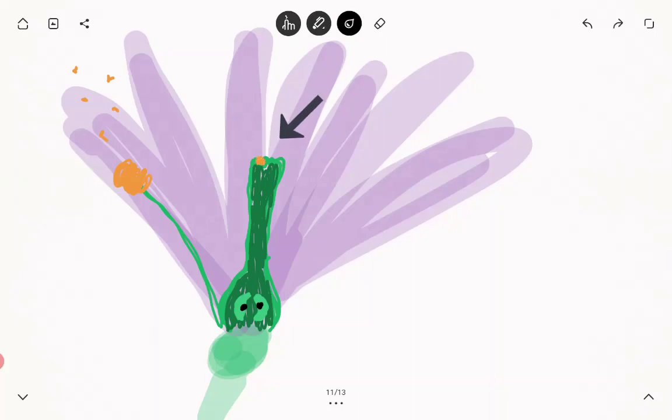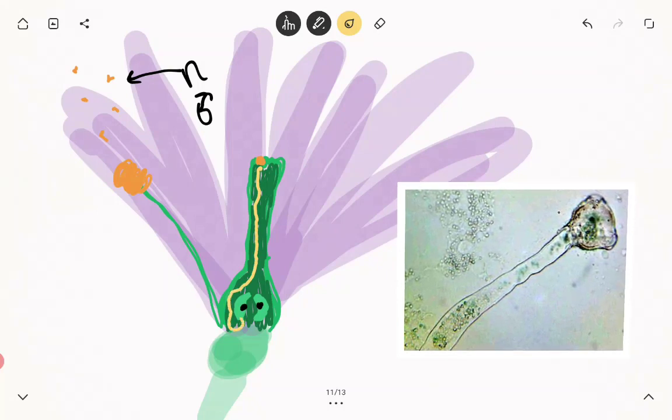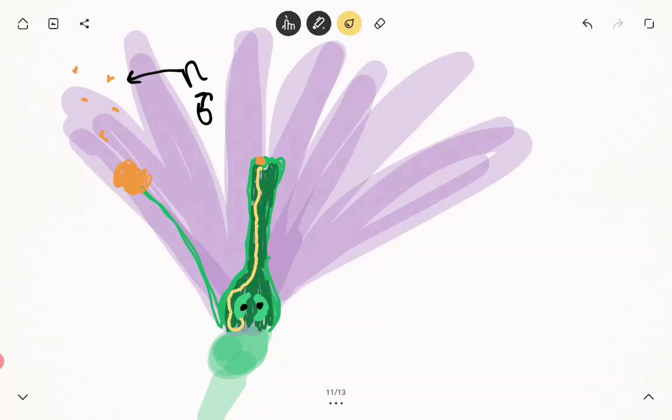This pollen grain is haploid, and it represents the male gametophyte stage. Okay, so this haploid pollen grain, once it's attached to the stigma, and the stigma says, okay, you're not my own pollen, you're pollen from another plant, that pollen grain grows a pollen tube structure that's going to move down through the style, down into the ovary, into the micropyle, in order to deliver the pollen nuclei into the egg.